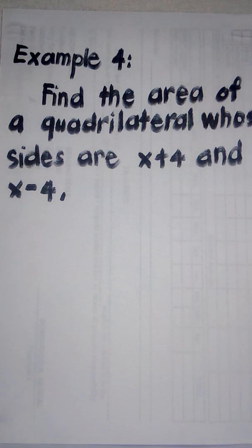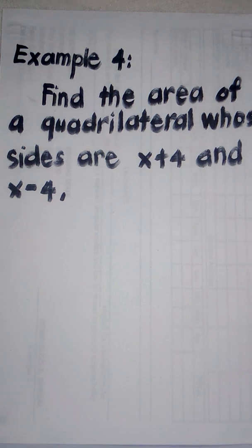To find the area of this quadrilateral, the given are x plus 4 and x minus 4. If you know already the pattern for getting the product of the sum and difference of two terms, we can just simply think of how we did it a while ago.